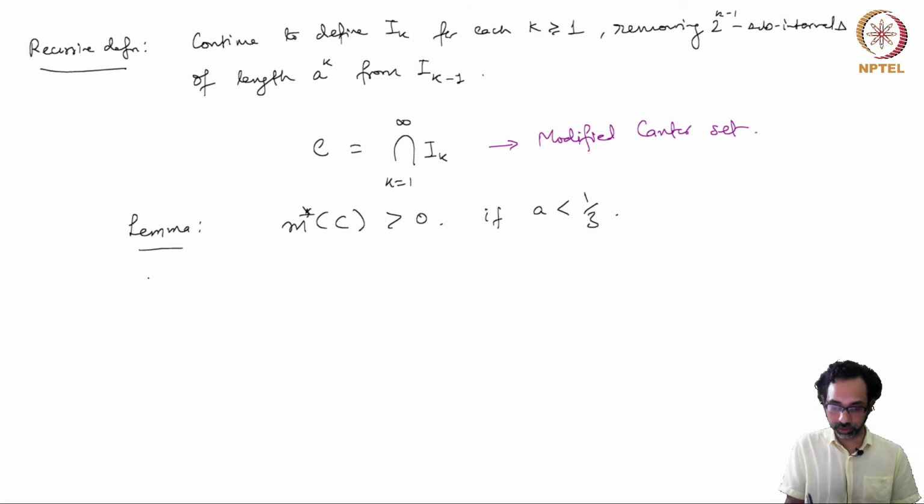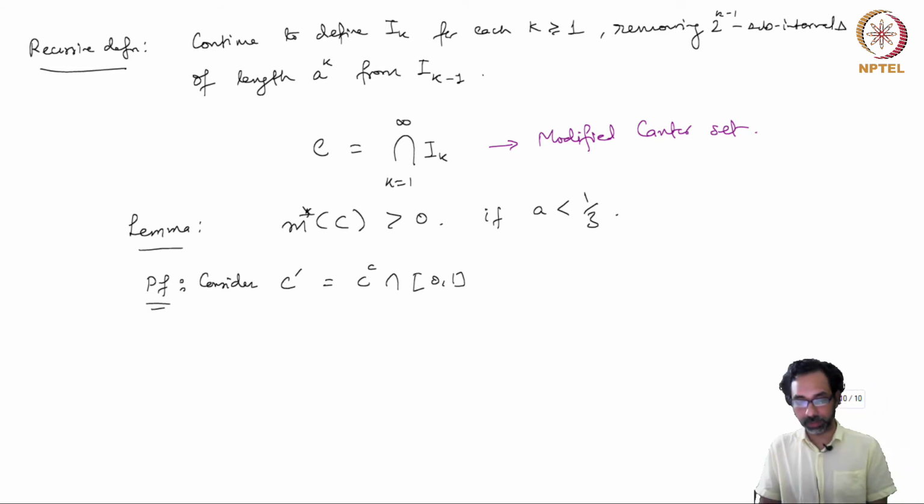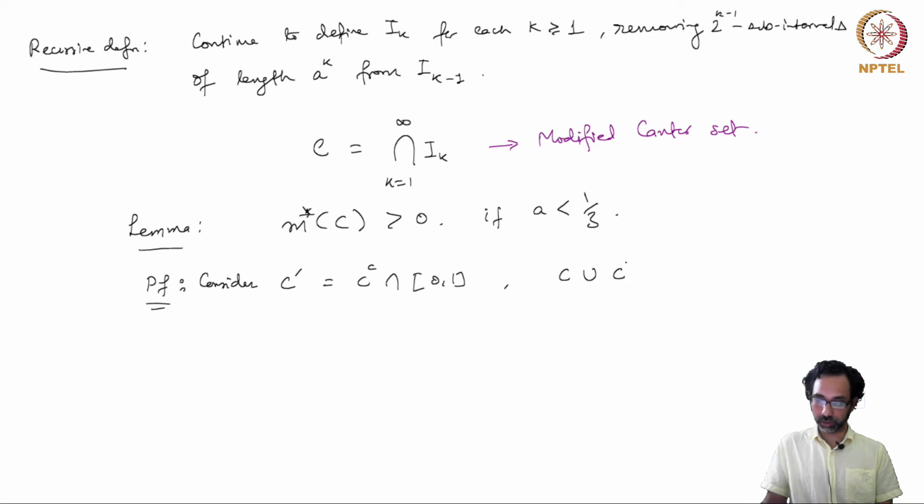So let's try to prove this. First consider the set C prime, which is C complement intersection [0,1], and we have that C union C prime contains the set [0,1].